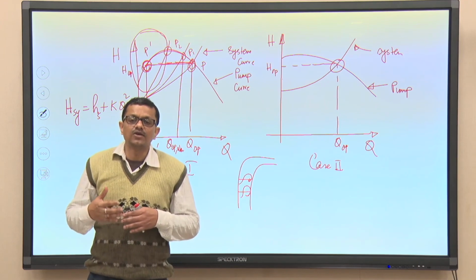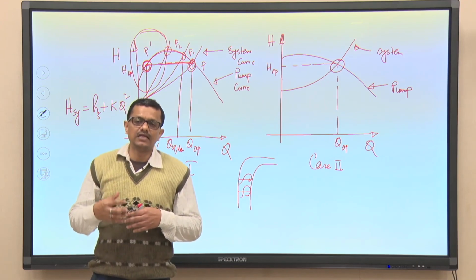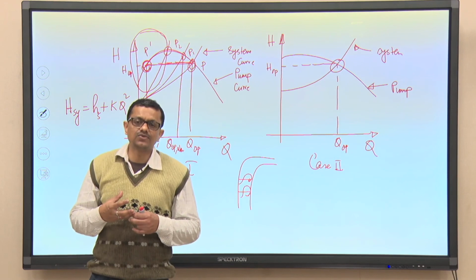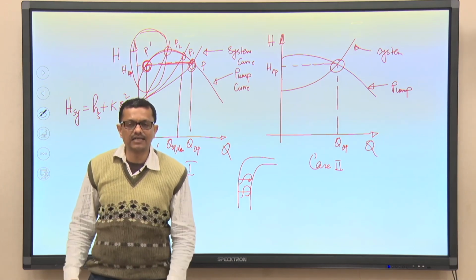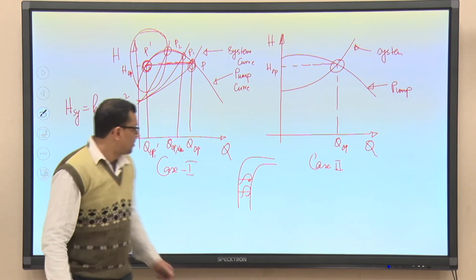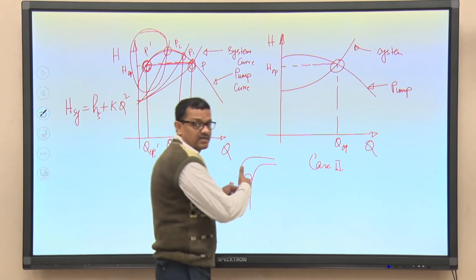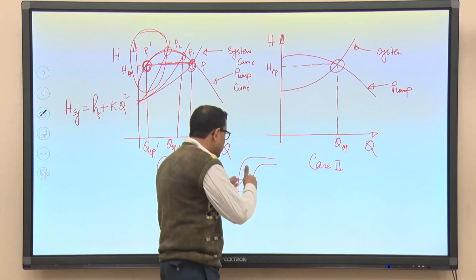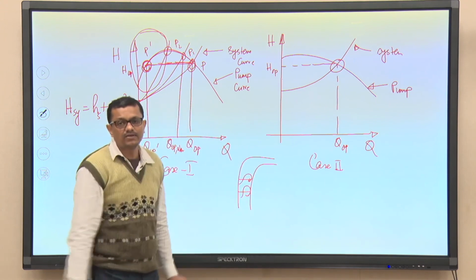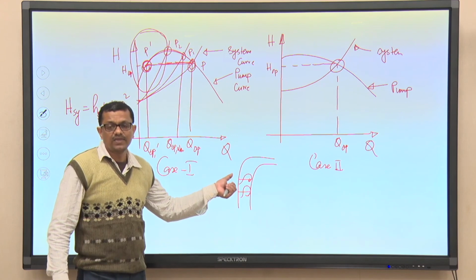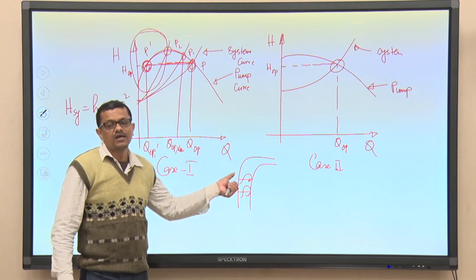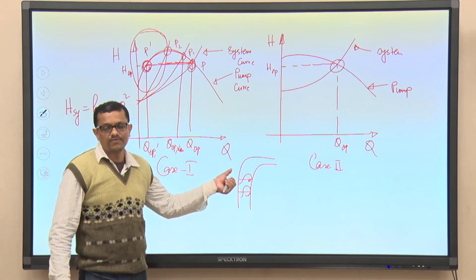What is important? When the pump designer is designing a pump, he should take into account one important point, that is the kinetic energy correction factor, which will take care of the uniformity of the velocity in the suction line, right. The velocity is not uniform at the suction line because of different reasons that we have learned from fluid mechanics.